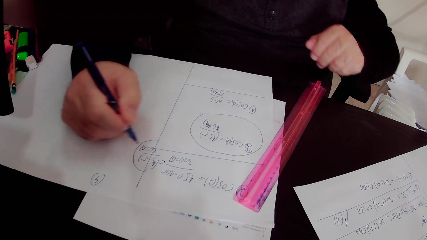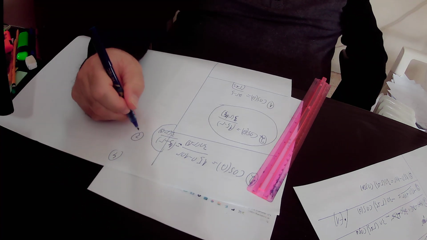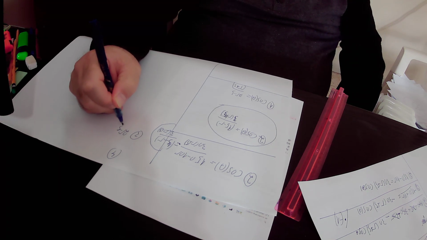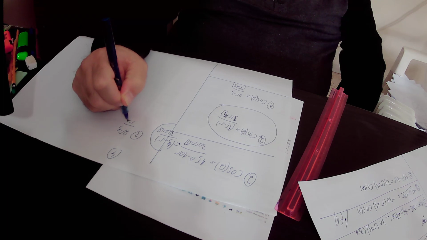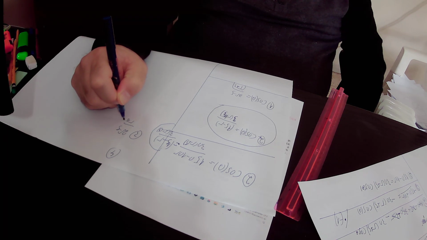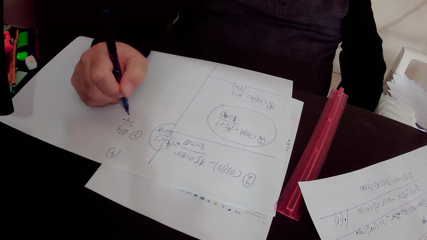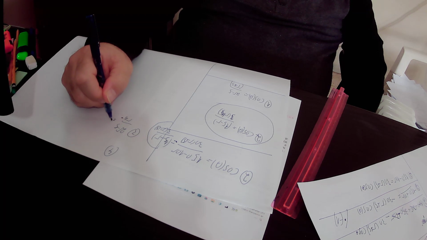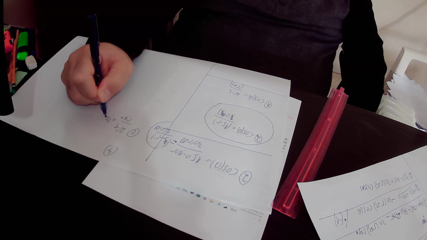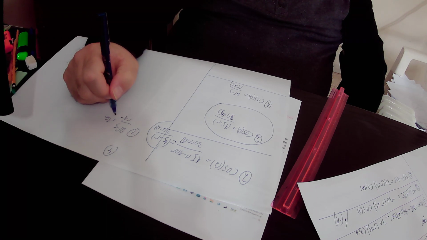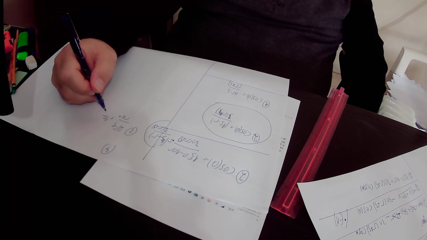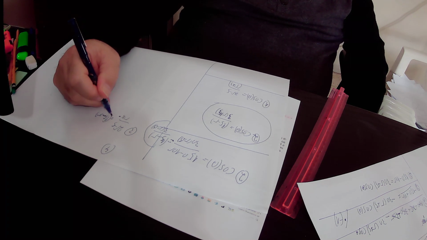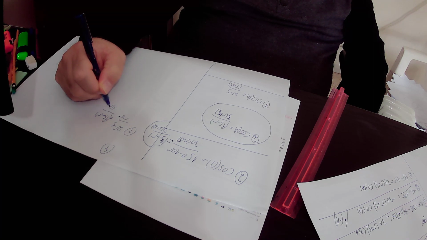That is, 2r minus 5 over r plus 5 must be equal to 15 minus r over 3 times r plus 5.